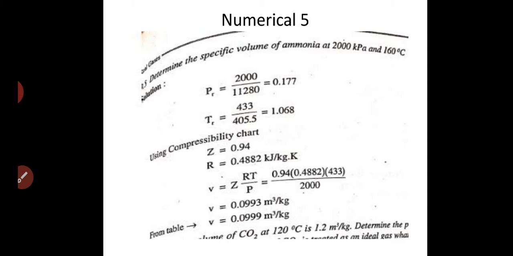So you have to calculate this R. It is directly written here, but you have to calculate this. So we know that PV is equal to ZRT. Now we have to find out V, because we have to find specific volume, that is small v. So small v is equal to ZRT divided by P. We have found Z is 0.94, R is 0.4882, times 433 Kelvin, that is the temperature, divided by P, 2000 kilopascal.